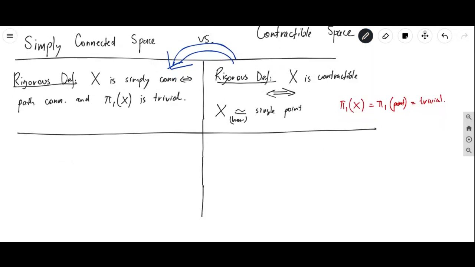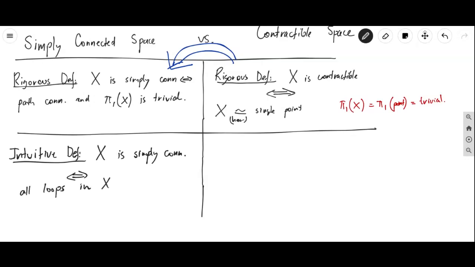But before I do that for you, I want to give you the intuitive definition. After you get the intuition, maybe you'll be able to think of your own example. So this is the intuitive definition. X is simply connected if and only if all loops in X can be shrunk down to a point.